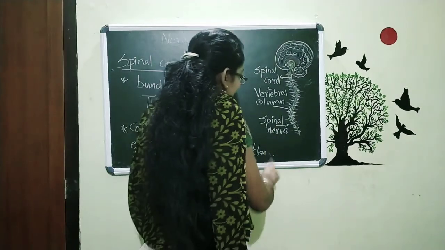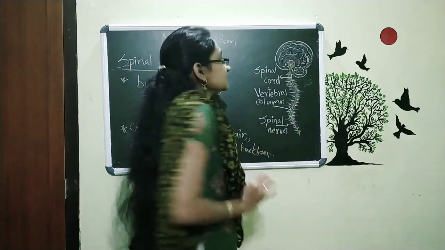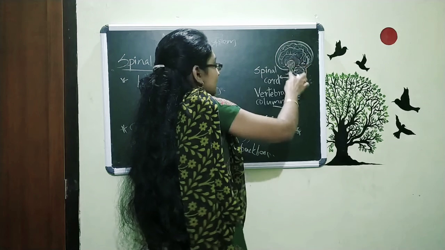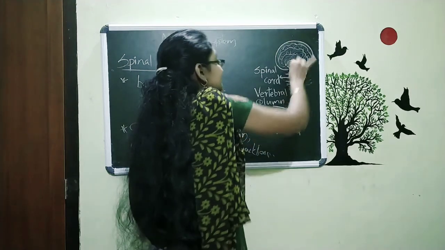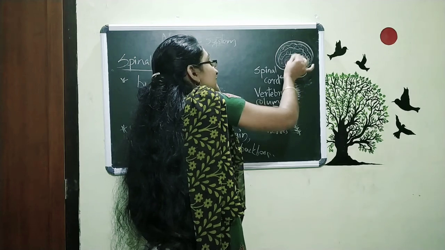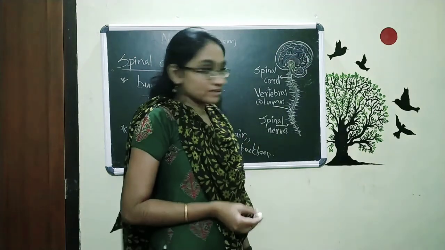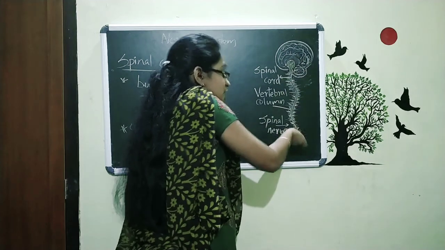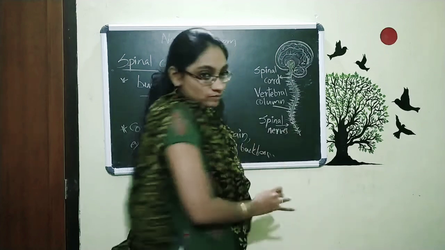Here you can see the yellow color, which is the spinal cord. It starts from our brain and ends at our backbone. That means it continues to the lower part of our backbone. This total is the backbone.